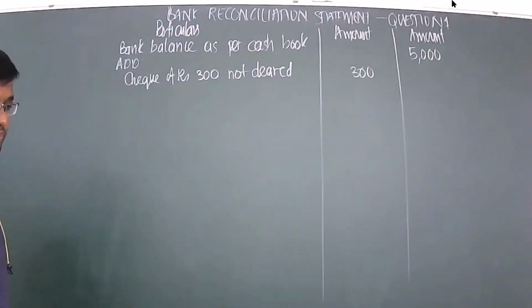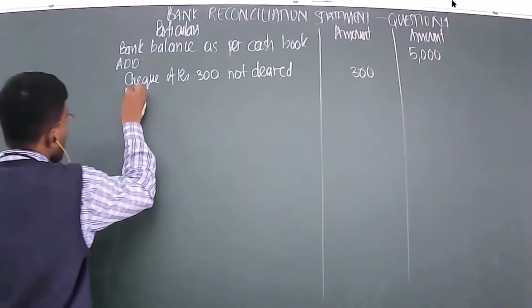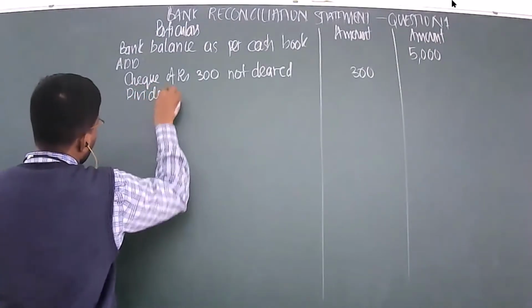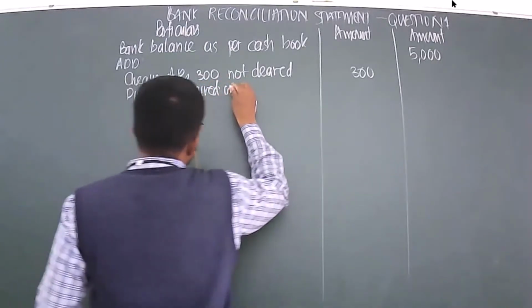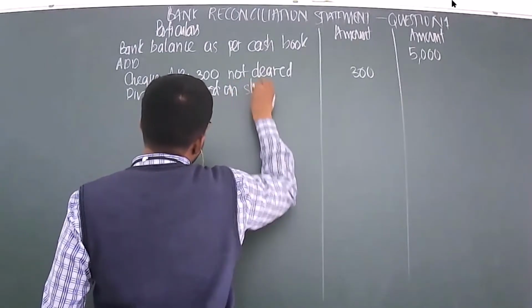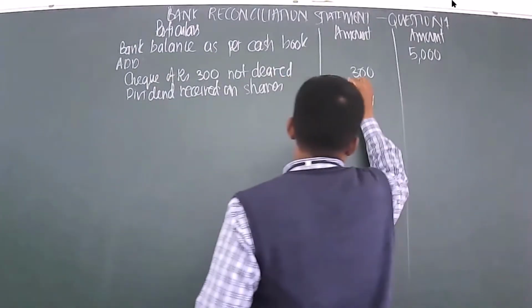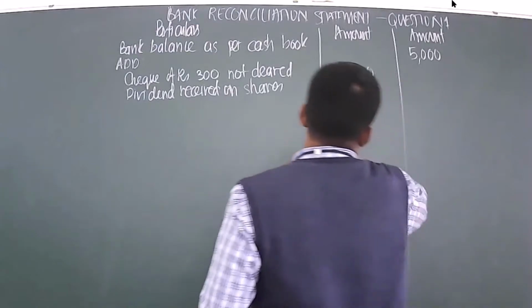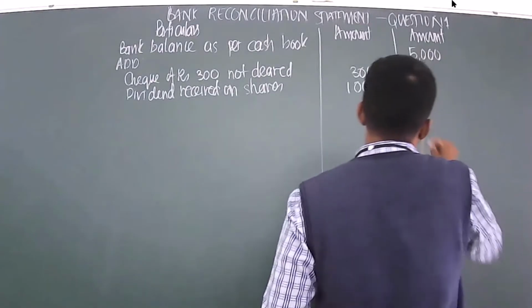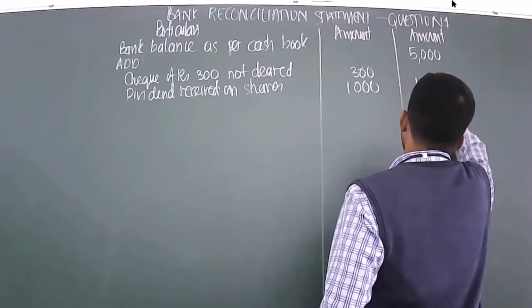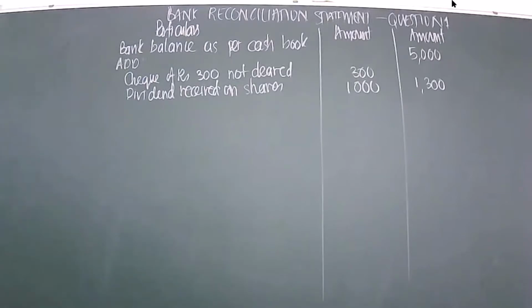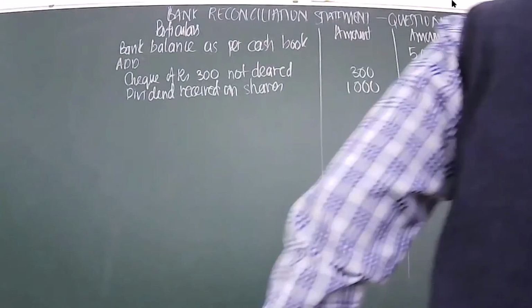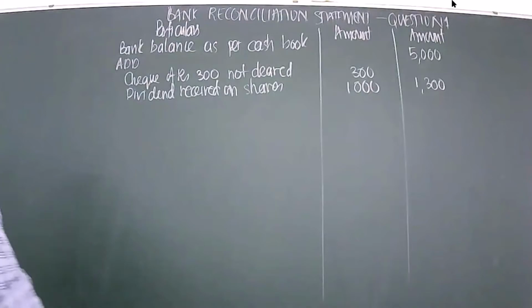Then we have rupees 1,000 received as dividend. This is the total. So these are the only 2 transactions that we have to add, and that total works out to be 1,300.